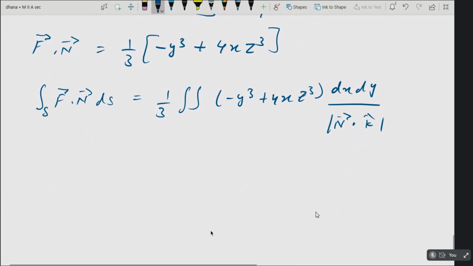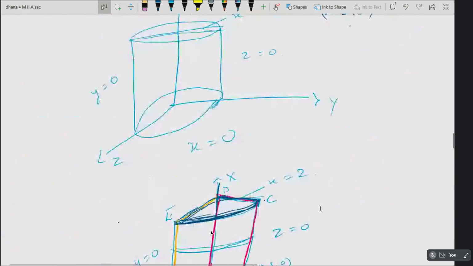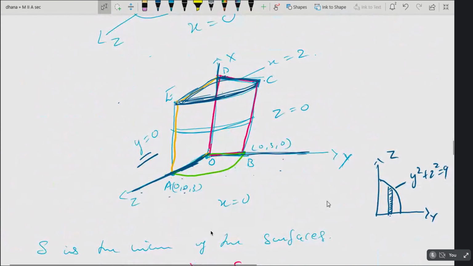So will you do it for me? Limits also I will explain. The projection on the xy plane is this rectangle.